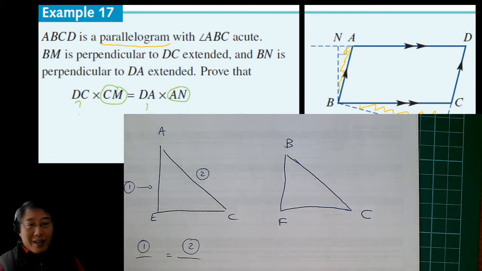The opposite sides are parallel. You already stated that, but what's actually important is the opposite sides are also equal. So AB is also equal to DC. So that DC over here is also AB. And we're going to do the same with AD.